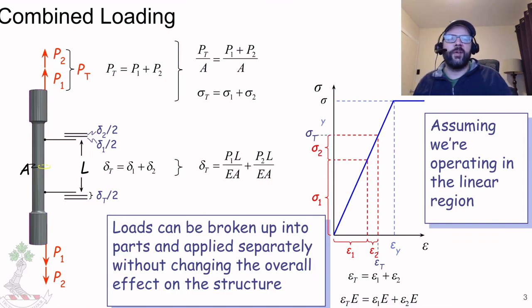So if I have this rod here and I apply a 25 kilonewton force to it and also apply an additional 10 kilonewton force to it, the end result will be the same thing as if I had just applied a 35 kilonewton force to it. So those can be broken up. And again, we are making the assumption here that we are operating in the linear region, so we're not yielding yet at this point. But that's again typically the condition that you're going to be designing for, anyways.